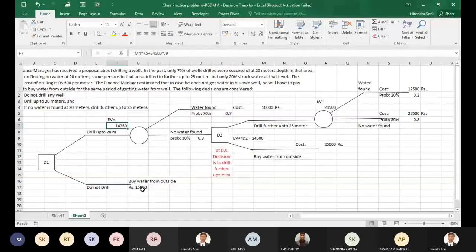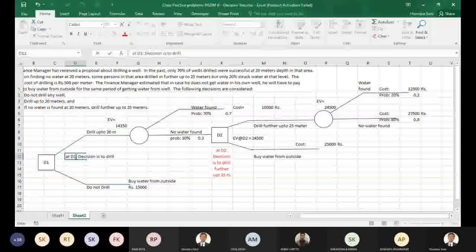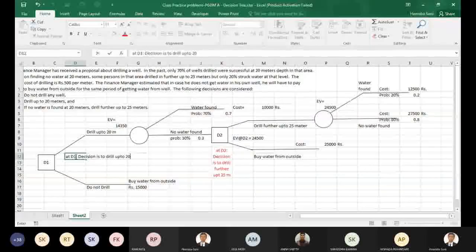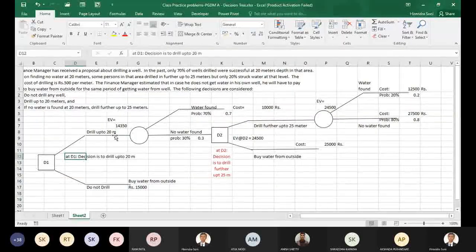So at D1, the decision will be to drill up to 20 meters. क्यों? क्योंकि ये आपका लोअर वैल्यू है.